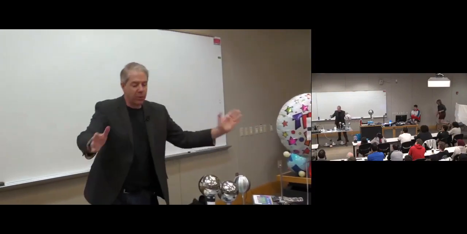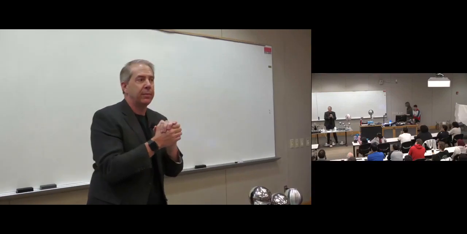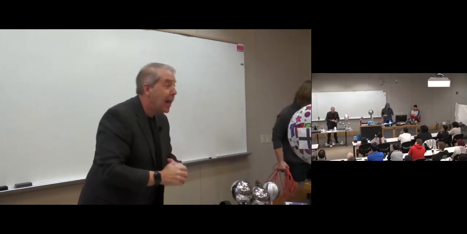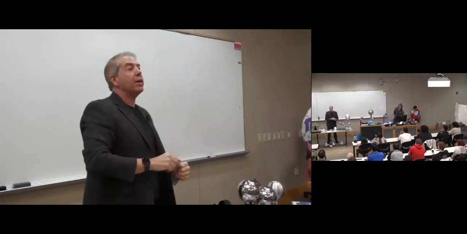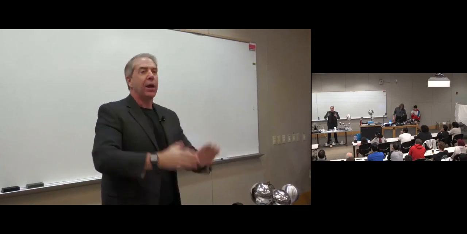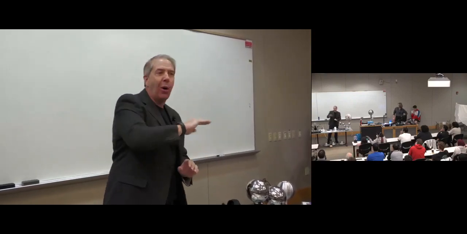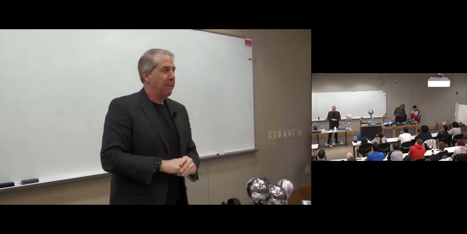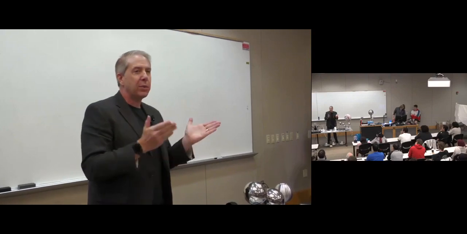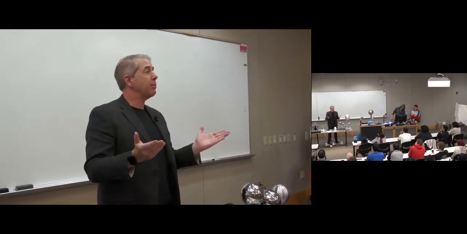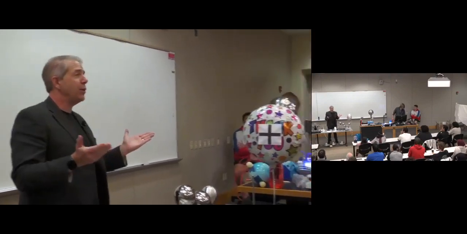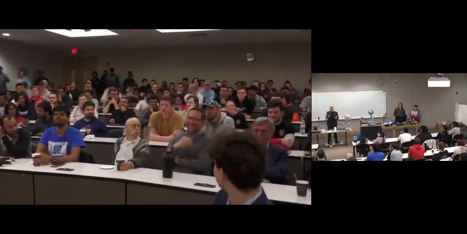Can anybody tell me where the word electricity comes from? Yes. The word electron is absolutely correct. We just have to realize we didn't know anything about electrons, but it's based on the word electron. So what does the word electron mean? Dr. Pavlidis, can you help us out? The Greek gentleman here.